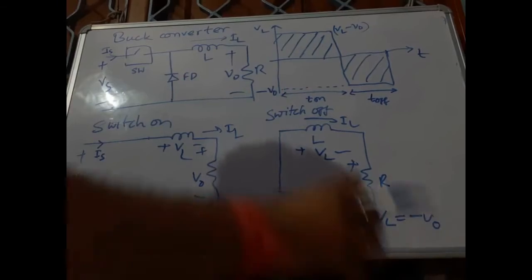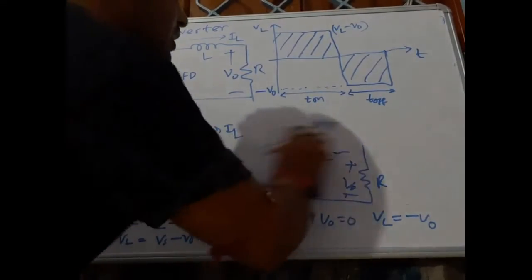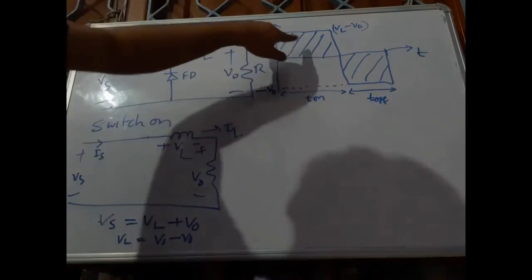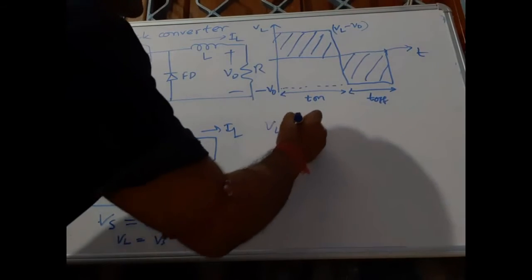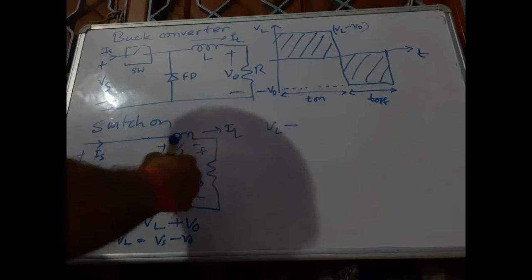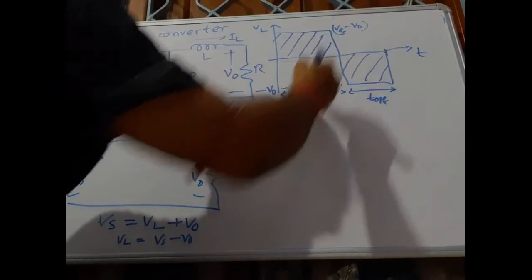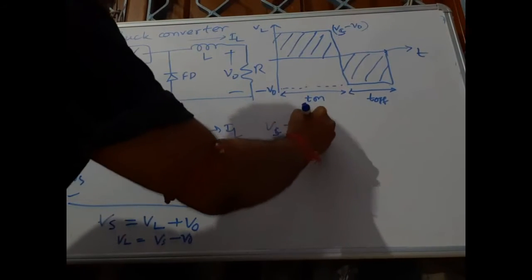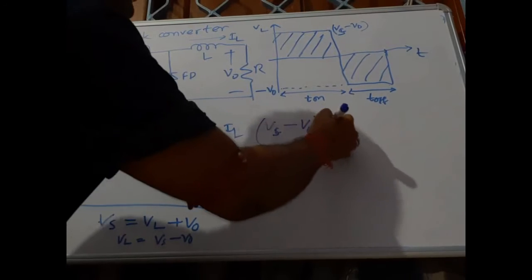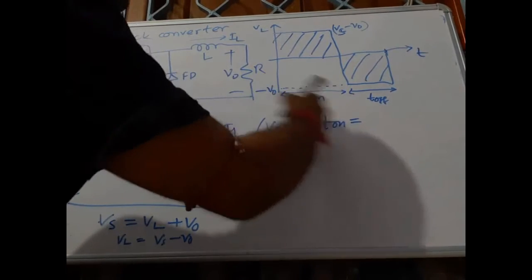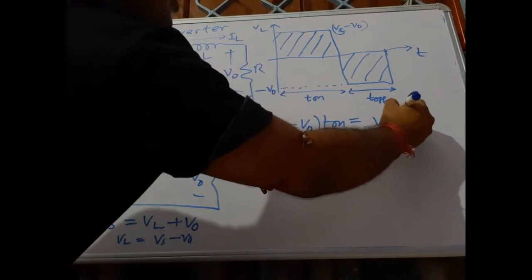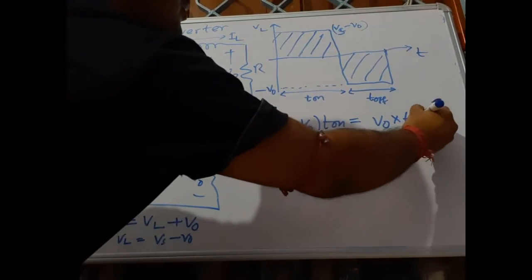So if we take this area at first, we have, sorry, this is not VL, this is Vs minus V naught into T on equals to V naught into T off.